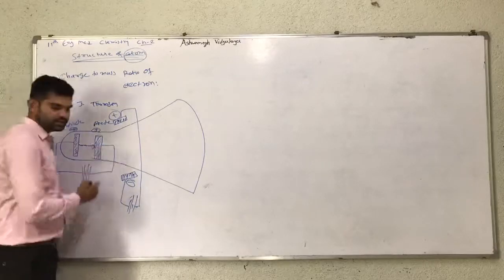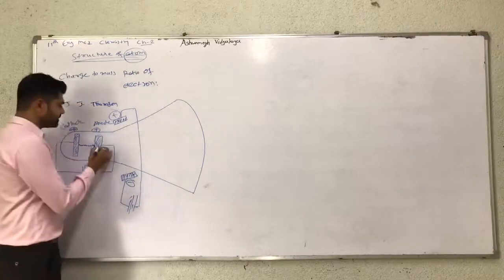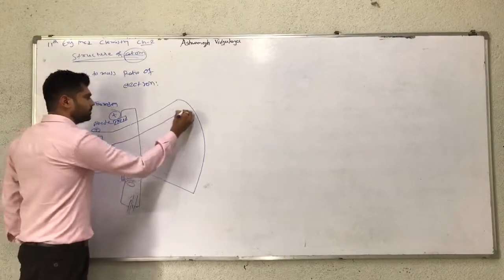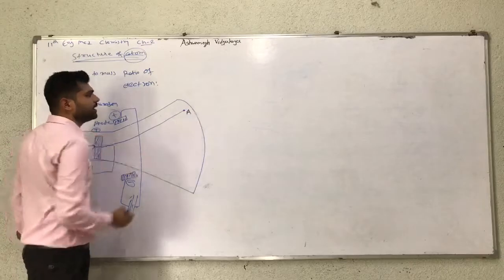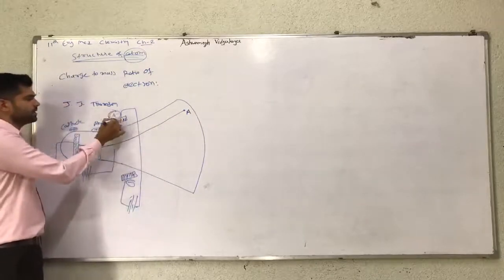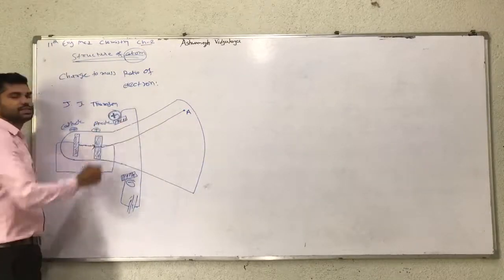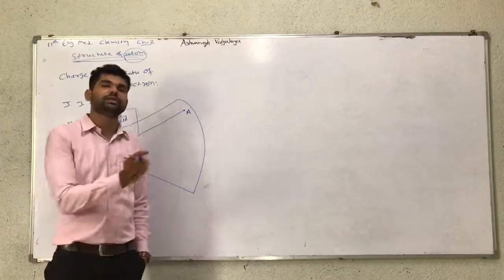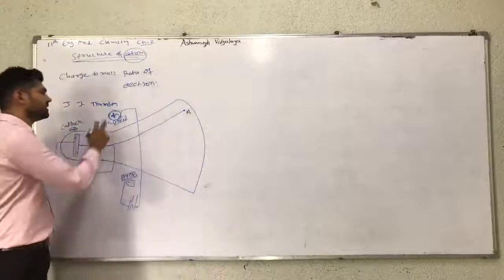So he observed that this ray is deviated from point A, towards the positively charged plate. In the electric field, the deviation is on the side of the positive charge.